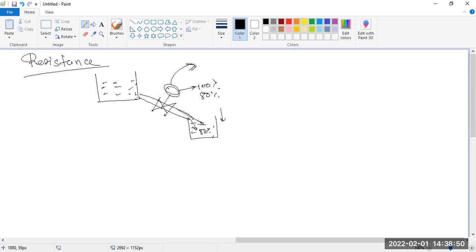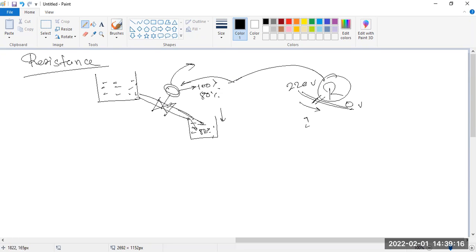This is just like, for your electrical field, if there is 220 volt and there is 0 volt, and you connect with a conductor, then a flow of current will be there, but it will depend on your resistor. This resistor, also called the resistance, is just like this valve.